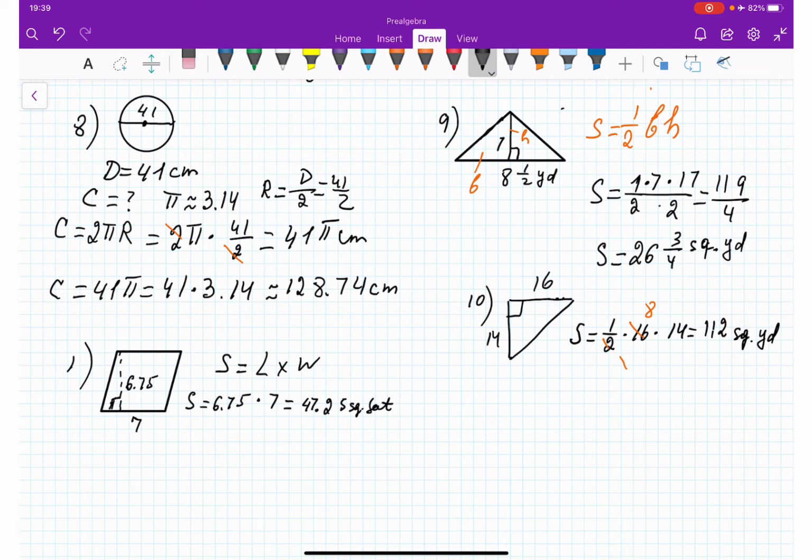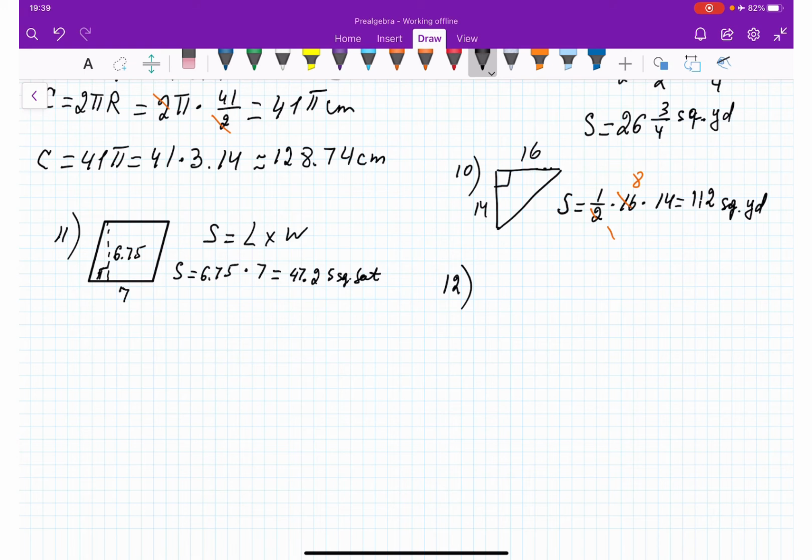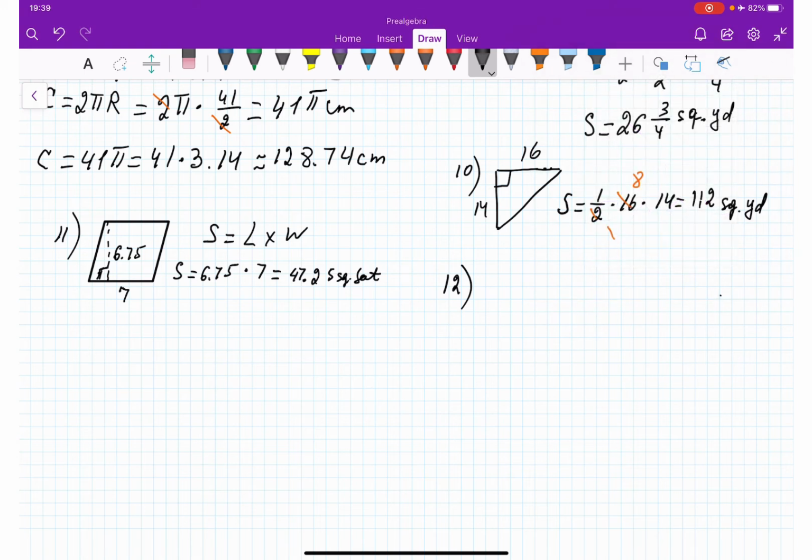Moving to number 12. We are going to find the area for a trapezoid. Let me see if we have a trapezoid here. No, we don't.